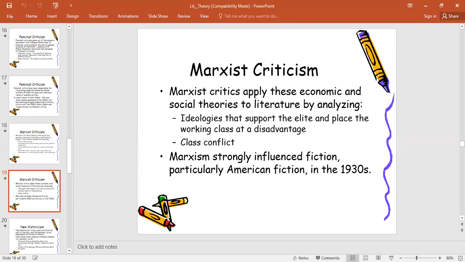Such type of things were stopped over there by introducing certain type of fiction or literature in the USA in the year 1930s.